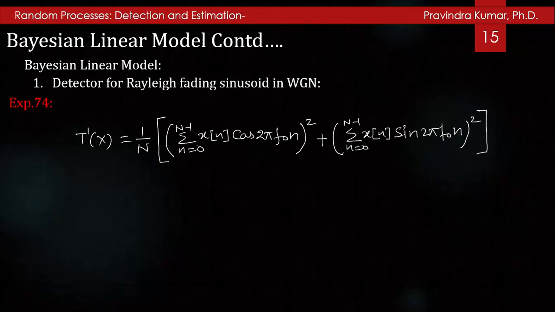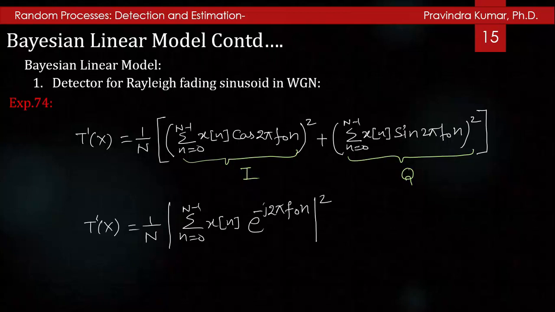So we can also write this T dash X as 1 by n times summation n0 to n minus 1 xn cos 2 pi f naught n whole square plus summation n0 to n minus 1 xn sin 2 pi f naught n whole square. Consider this part is I, summation n0 to n minus 1 xn cos 2 pi f naught n equal to I, and summation n0 to n minus 1 xn sin 2 pi f naught n is Q.